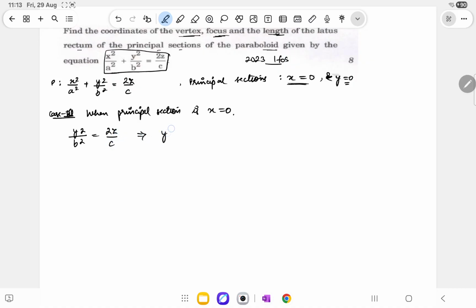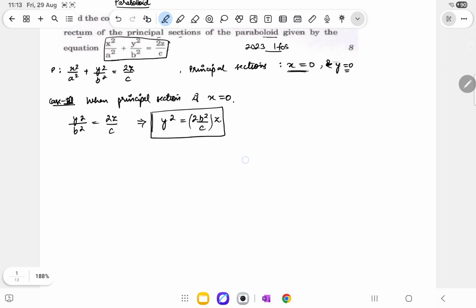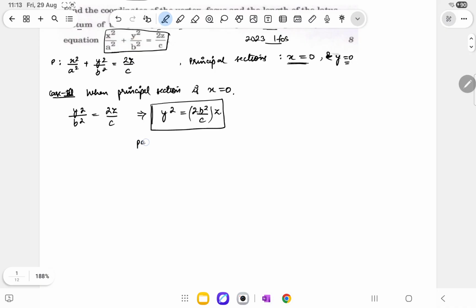So from here I got y square is equal to 2b square by c into z. If you see, this is basically the equation of a parabola in yz plane.